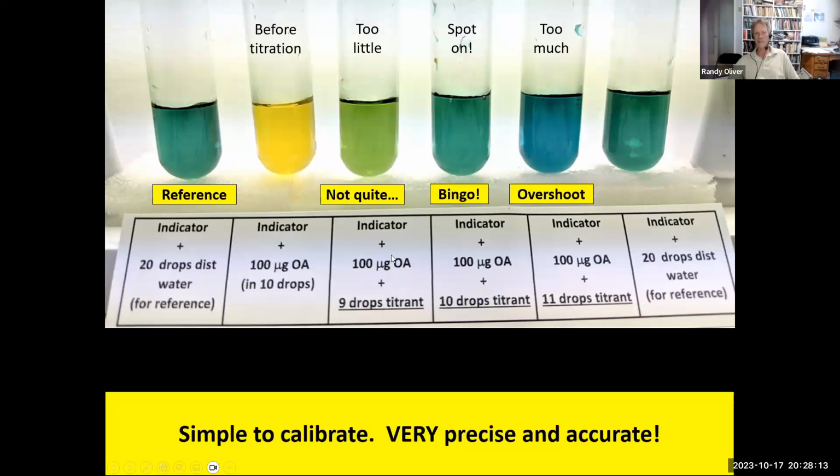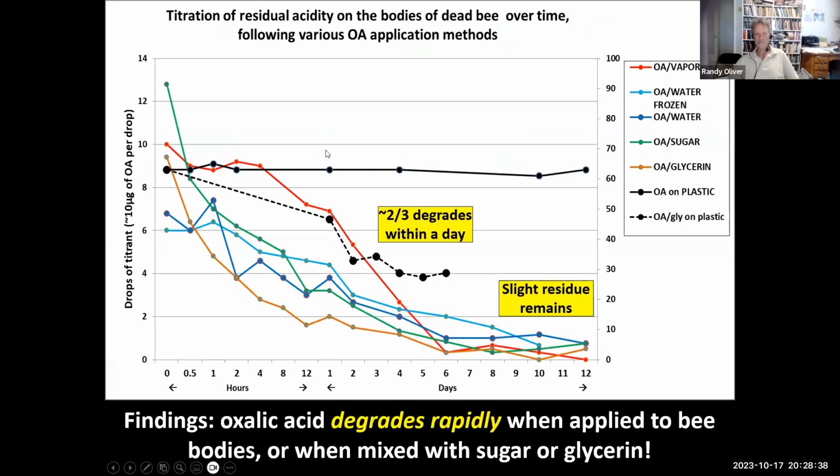So then I made up an indicator that theoretically at 10 drops should come back to this color. So here's 9 drops, a little bit too green, 10 drops, bingo. Right? Exactly matches the reference color. And here's the neat thing. 11 drops, one more, it turns more blue. So you can see if you overshot. So this allows you to very accurately and quickly determine how many micrograms are on a bee.